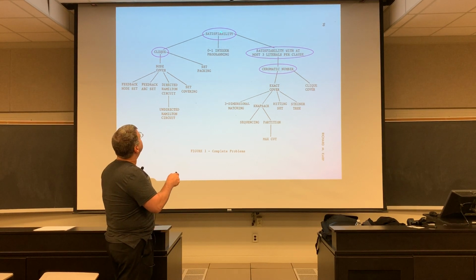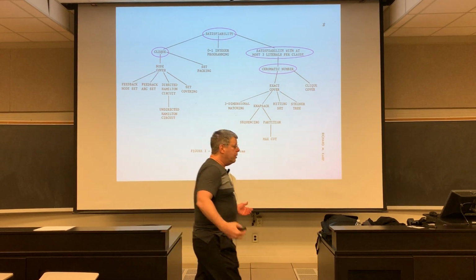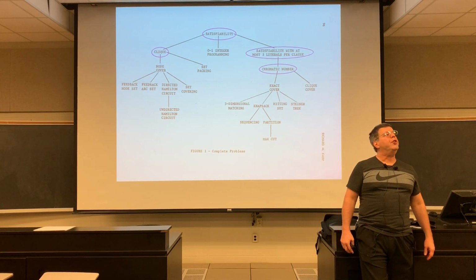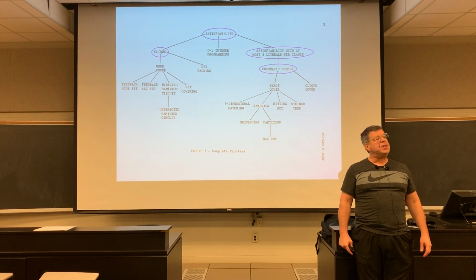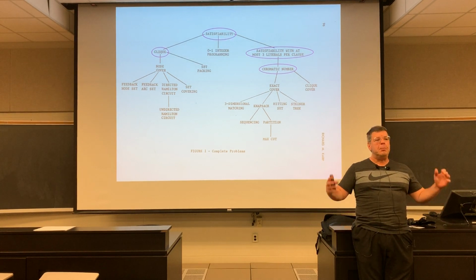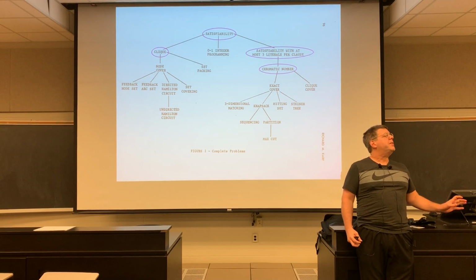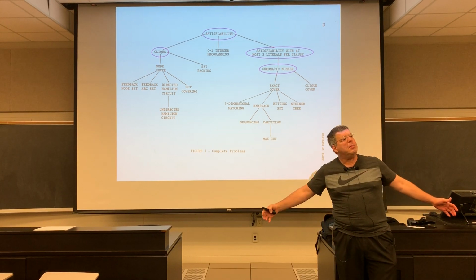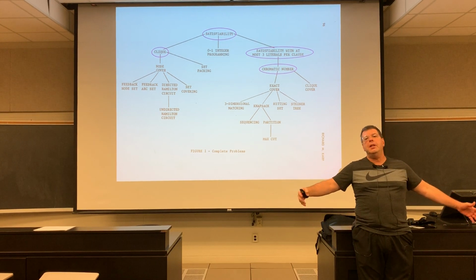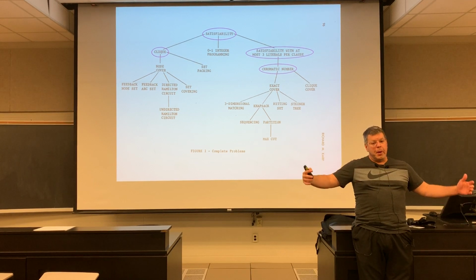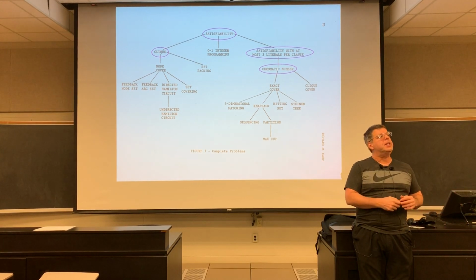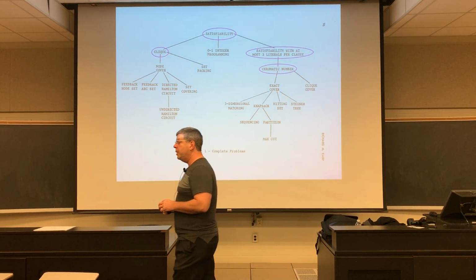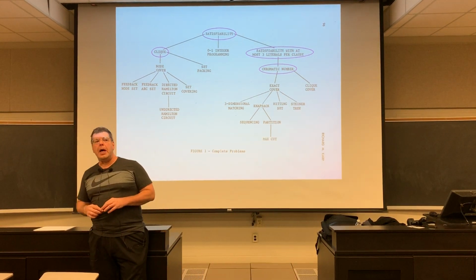So satisfiability is the set of all satisfiable Boolean formulas, formulas for which there exists an assignment of the variables that makes them true. So that node at the root of the tree is an entire problem, an infinite set of instances of the problem. In the case of satisfiability, it's the set of all satisfiable Boolean formulas, because some Boolean formulas are satisfiable, others are not.